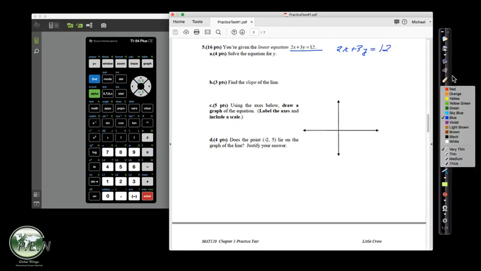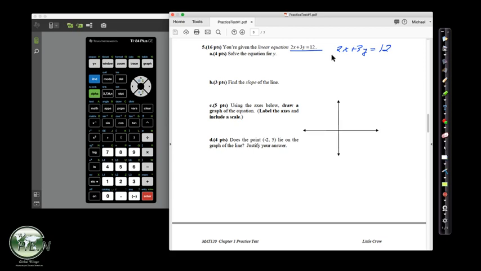We will then subtract 2x from both sides, because our goal is to get the y by itself. On the left-hand side, the 2x and the negative 2x cancel. That's 0. We're left with 3y. On the right-hand side, we have 12 minus 2x. Those are not like terms, so we can't combine them.